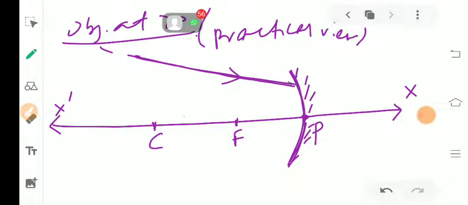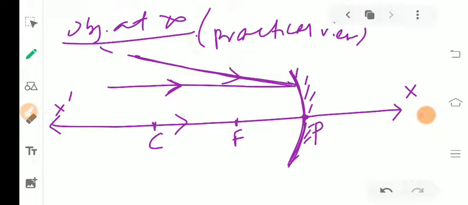After incidence, where will it pass? Do you think it will pass through focus? No, because you know that when a ray of light runs parallel to the principal axis, then it passes through focus. But here the incident ray is not parallel to the principal axis, it is making some angle, hence it will not pass through focus.